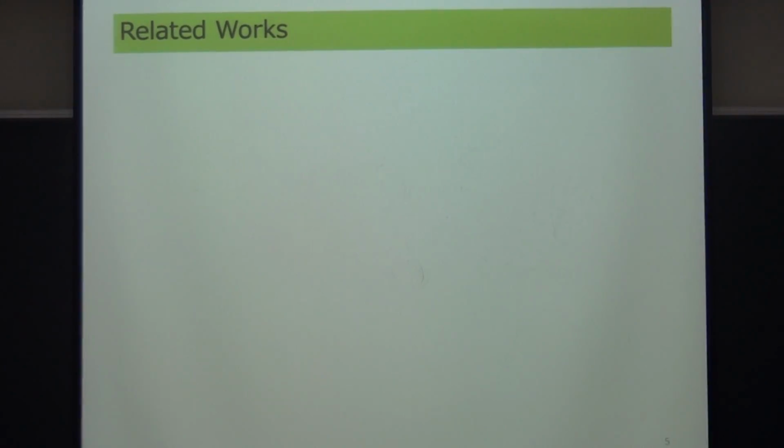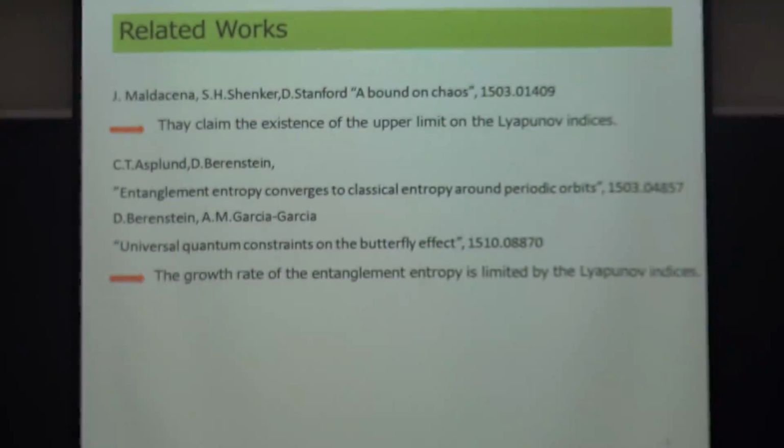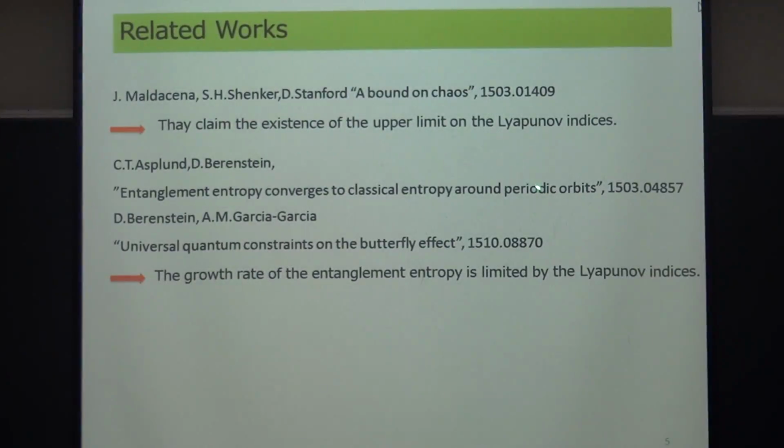And these days, there are a lot of related laws on chaos in the study of string theory. For example, Maldacena, Shenker and Stanford claim the existence of an upper limit on the Lyapunov exponents. Later, I will introduce Lyapunov exponents, but now I'd like to say that this is a very important quantity for the study of chaos.